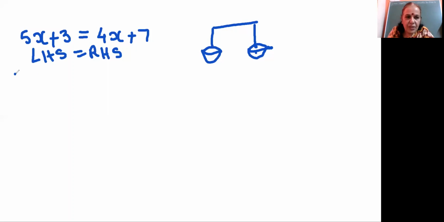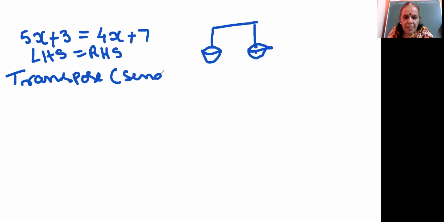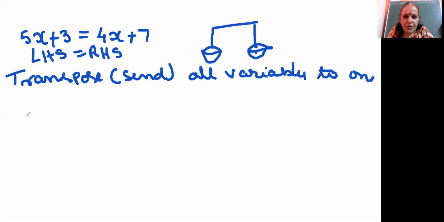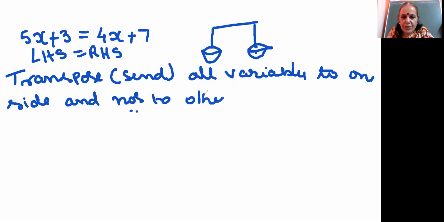Here, transpose, send all variables to one side and numbers to other side by changing sign.